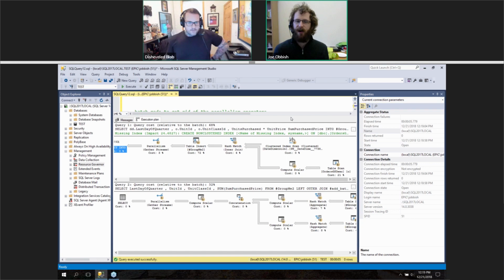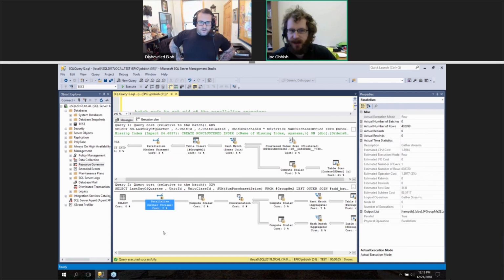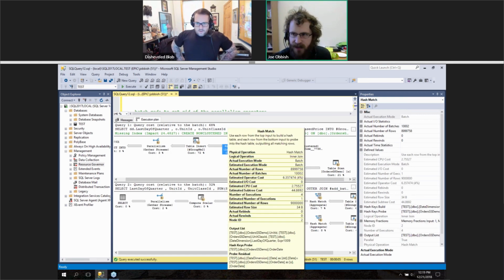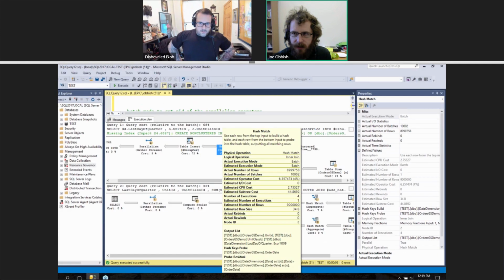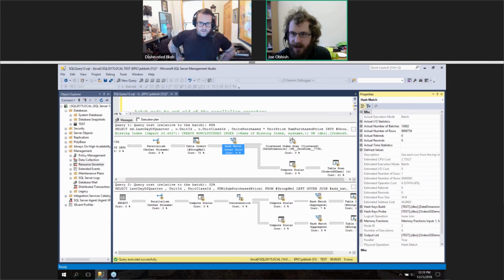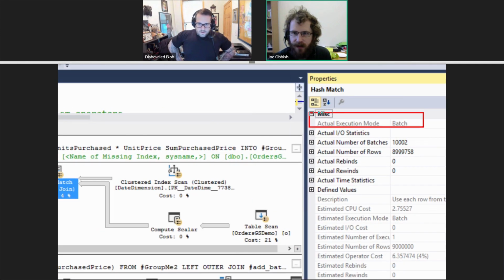So this is all parallel, but our repartition stream operators are gone. I mean, there are the mandatory ones at the very end, because whenever you're selecting, all the rows have to go to one thread. That's just how it works. But the difference here is this runs in batch mode now.